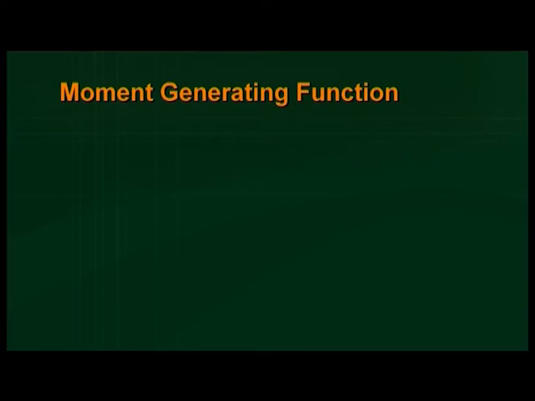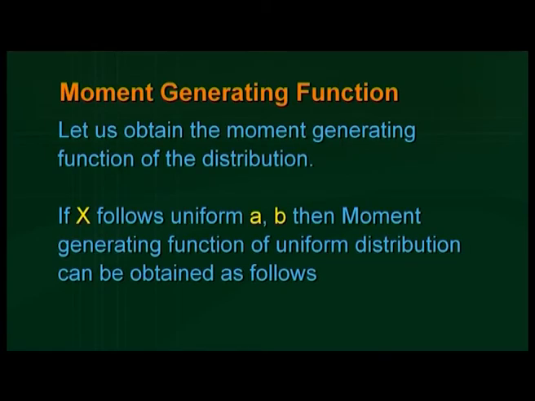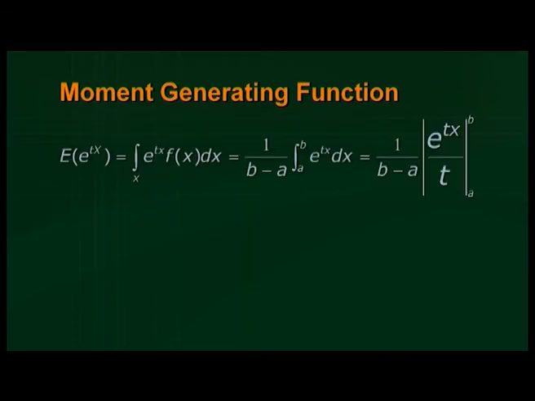Moment generating function. Let us obtain the moment generating function of the distribution. If x follows uniform (a, b), then the moment generating function can be obtained as follows. Expectation of e^(tx) is equal to the integral over x of e^(tx) f(x) dx, which is equal to 1 divided by (b minus a) into the integral from a to b of e^(tx) dx.